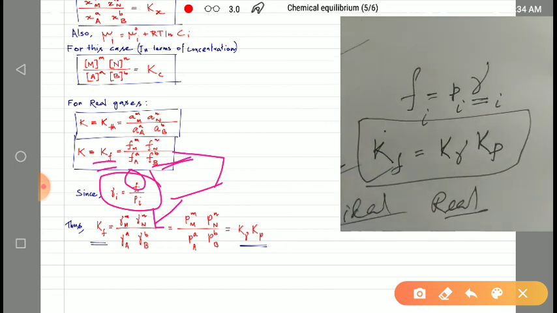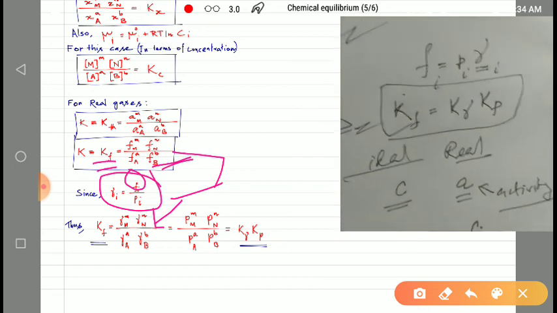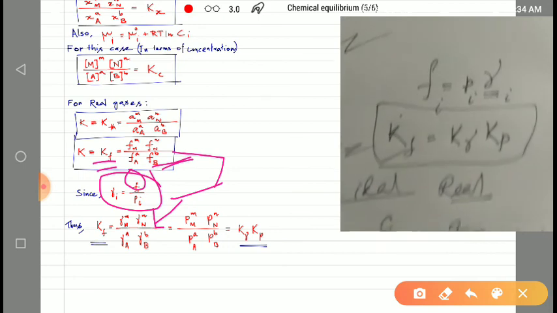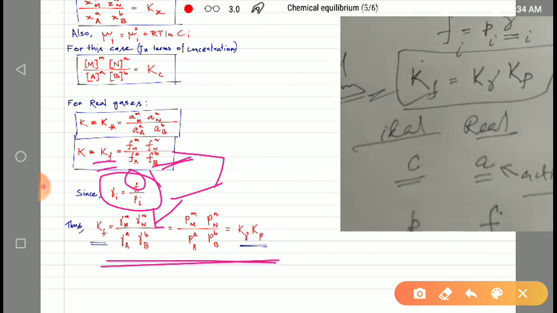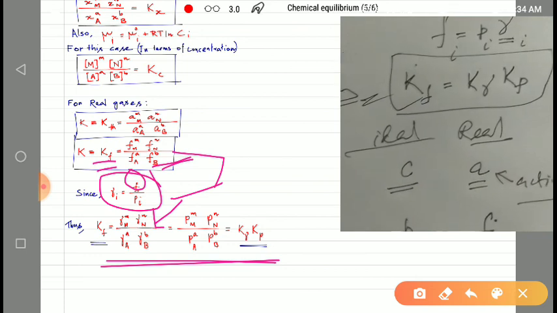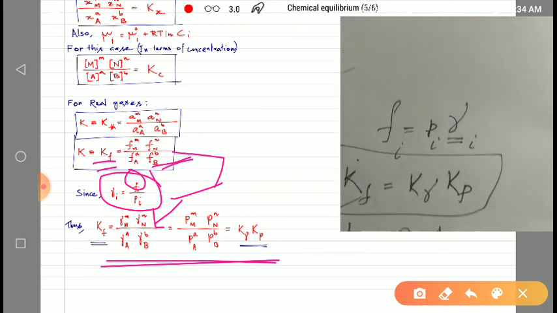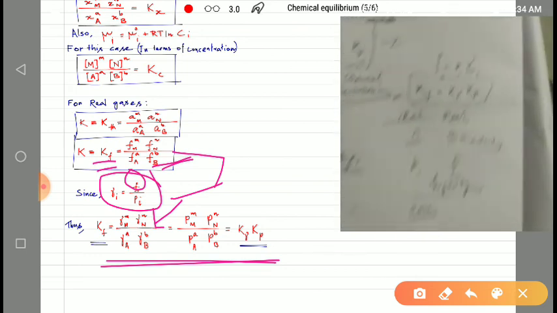This is also an important equation and it may come in the exam, but the derivation is more important than this one.